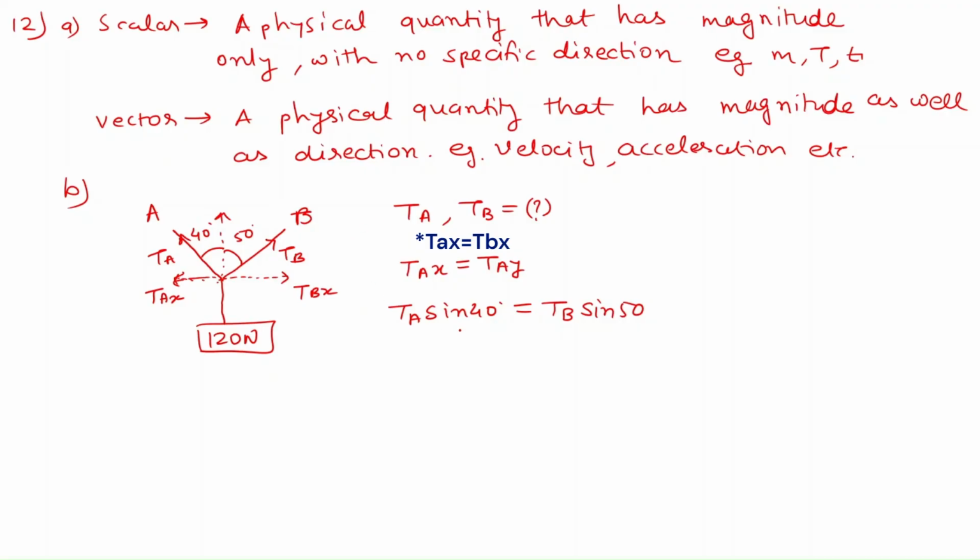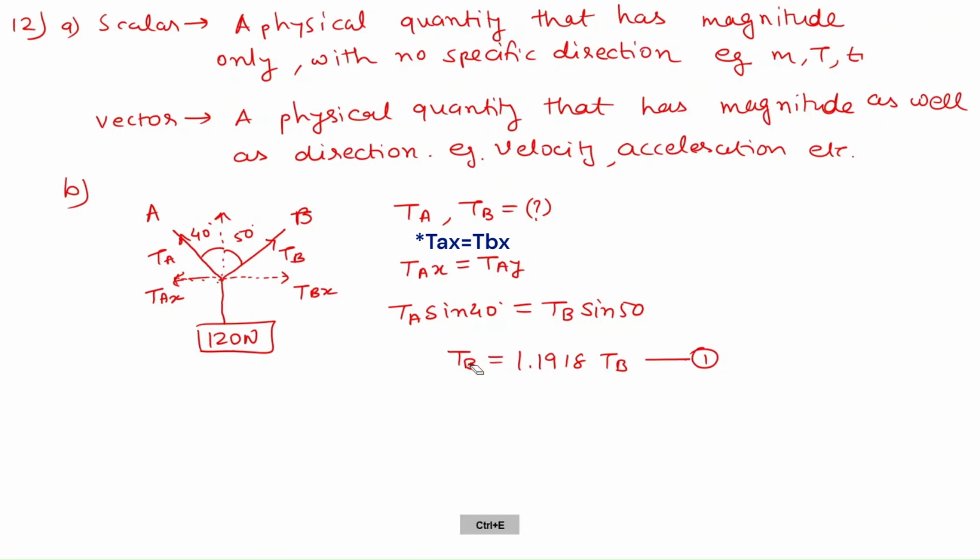We know the values of sine 40 and sine 50, but unfortunately, we don't know TA and TB. So by putting the values of sine 40 and sine 50, we got the value of TA like 1.1918 TB. Let's name it equation 1.